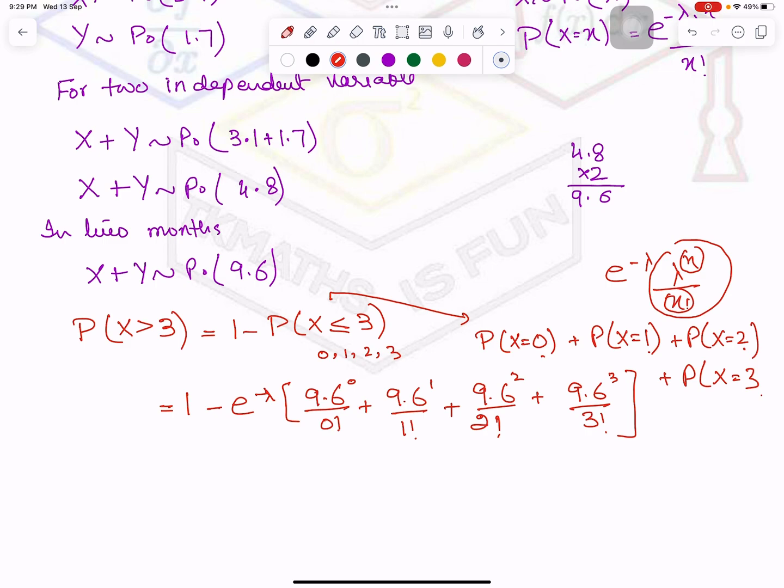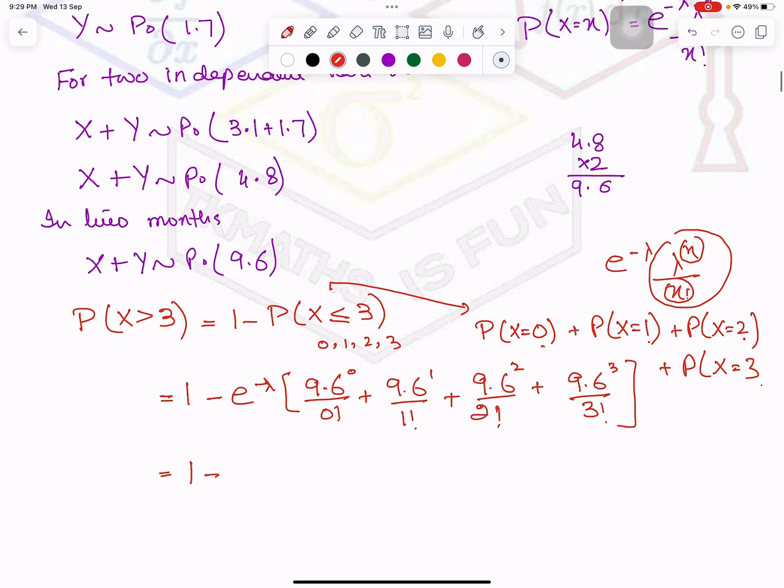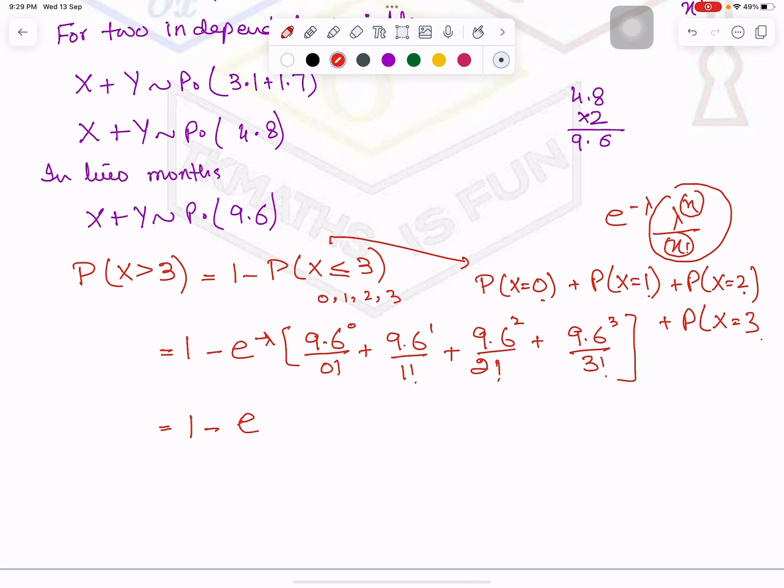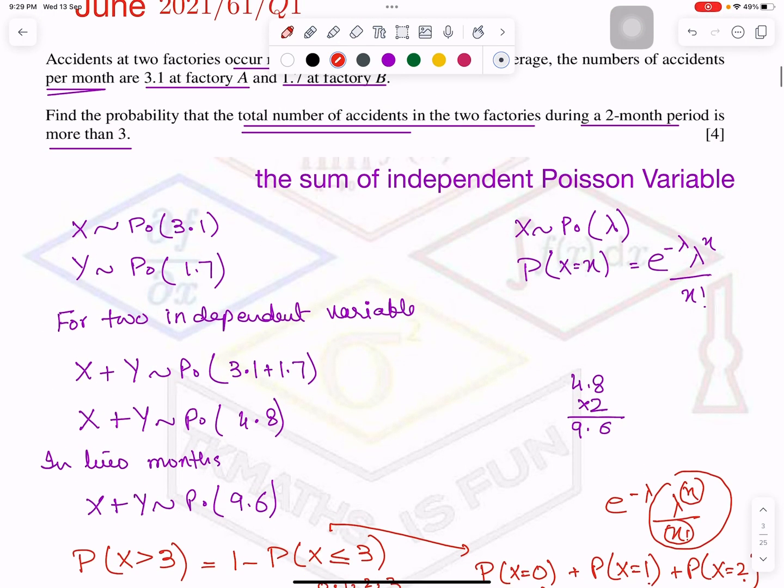Now you can use a calculator and quickly get it, and you can write what you mean here. You write e power minus 9.6, and whatever your answer comes to. I put it directly into the calculator, so I got 0.986 overall. I hope you understood this question, which is about the sum of independent Poisson variables.